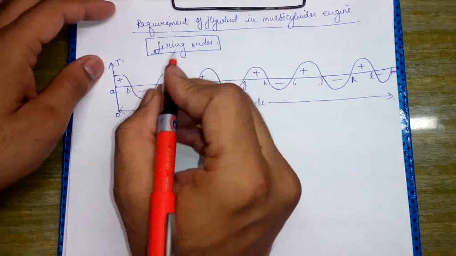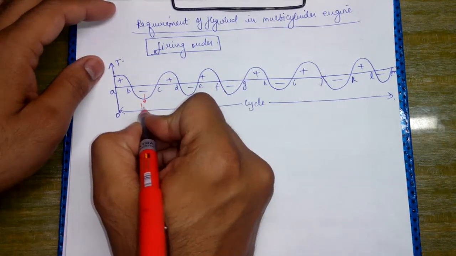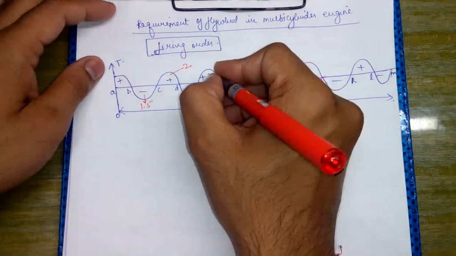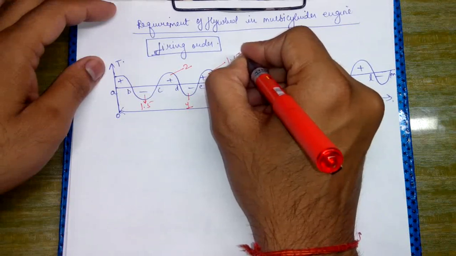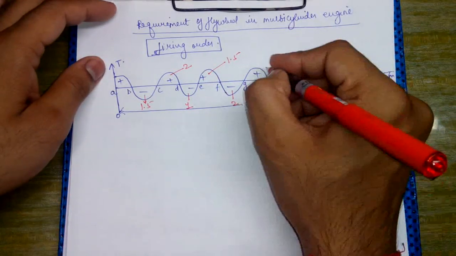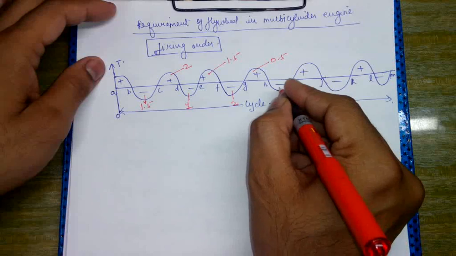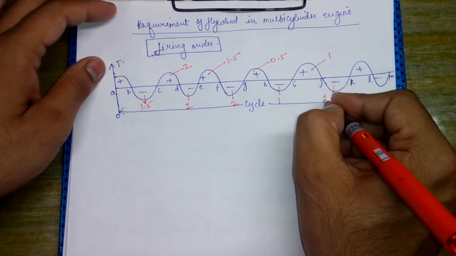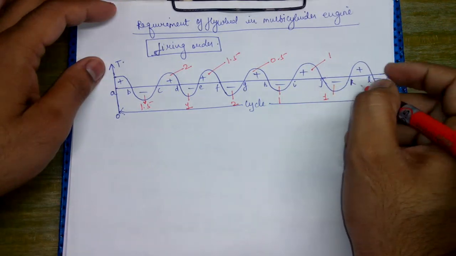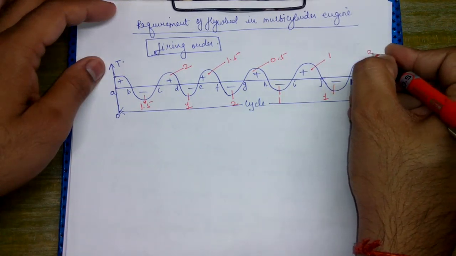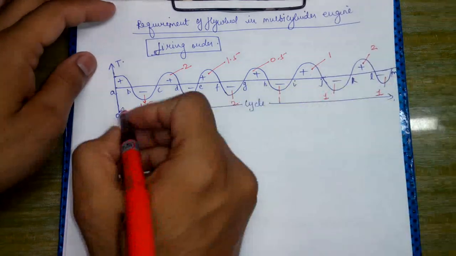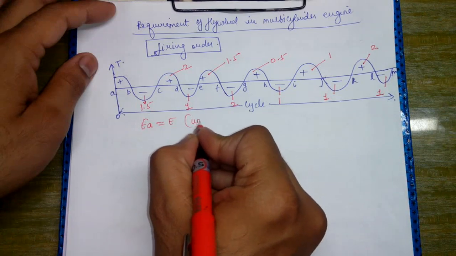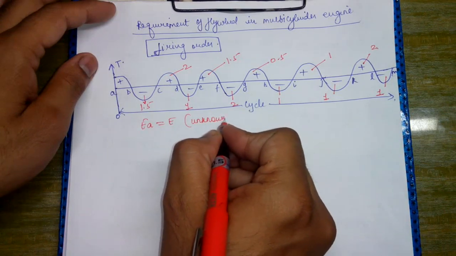For example, this area has been given as 1.5, this as 2, this as 1, this as 1.5, this is 2, this is 0.5, this is 1, this is 1, this is again 1, and this is 2, and this is 1. And we have been given that the energy at A is equal to E, and this is a known quantity.